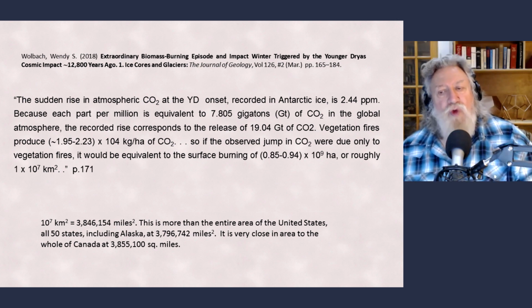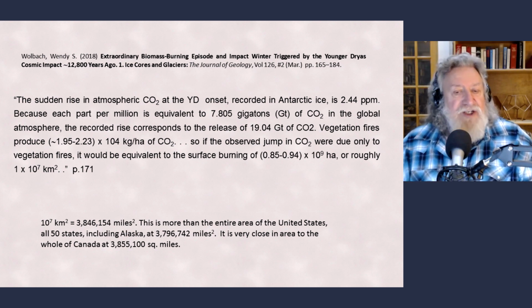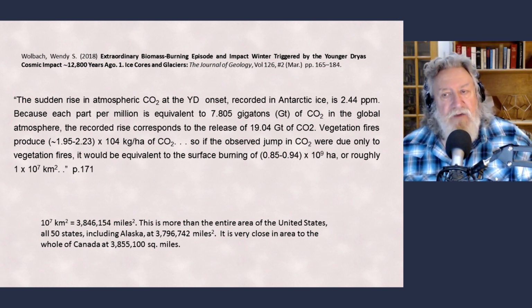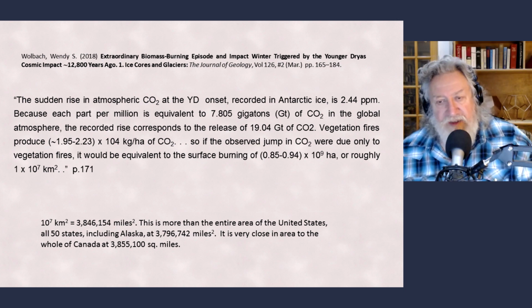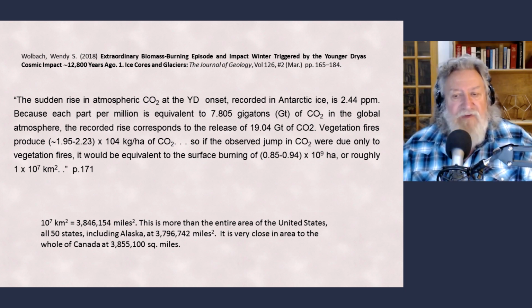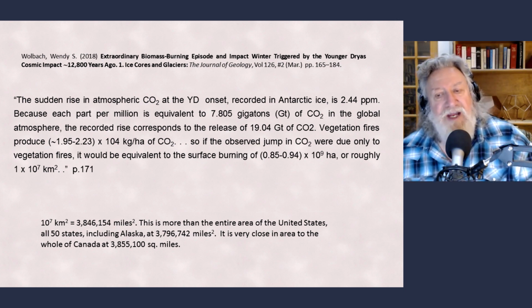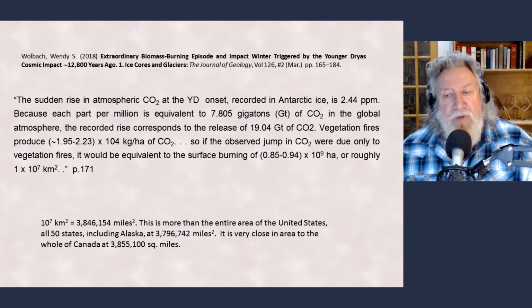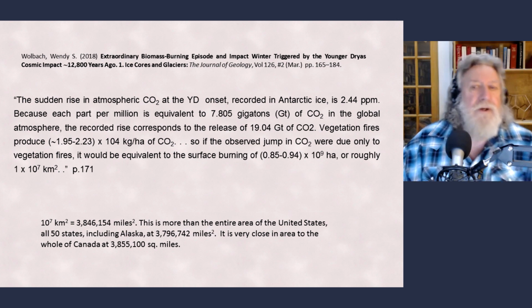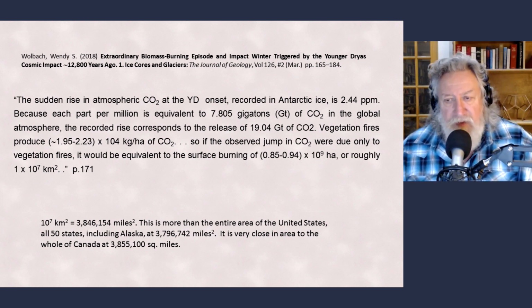The recorded rise corresponds to the release of just under 20 gigatons of carbon dioxide. Vegetation fires produce approximately 1.95 to 2.23 times 10 to the fourth kilograms per hectare of carbon dioxide, if anybody wants to check out these numbers.